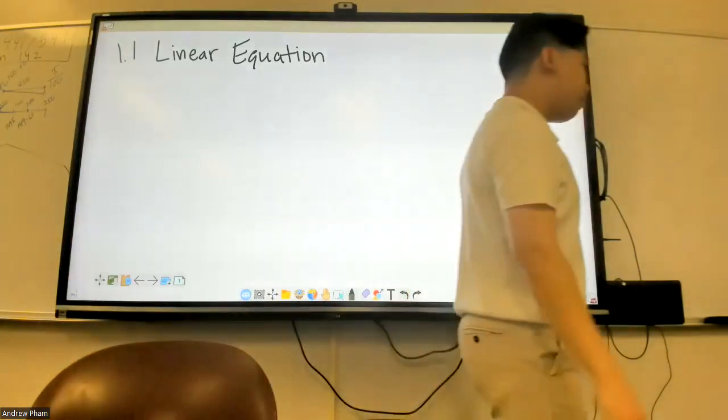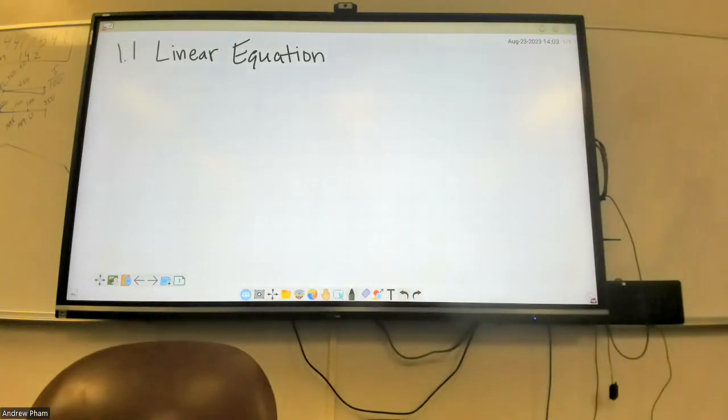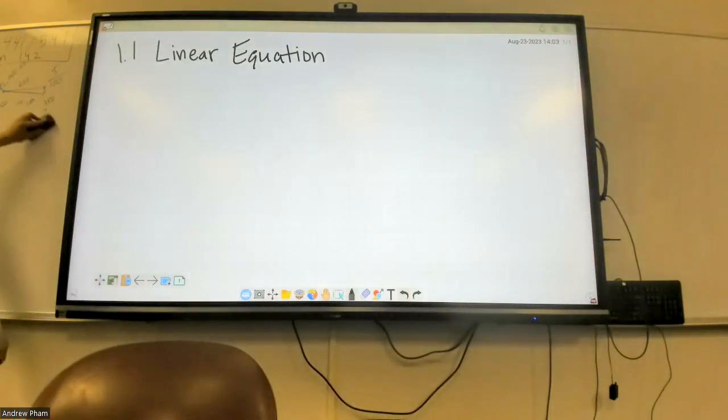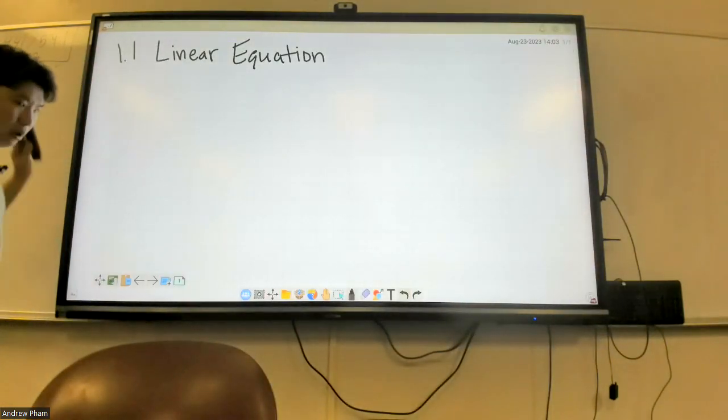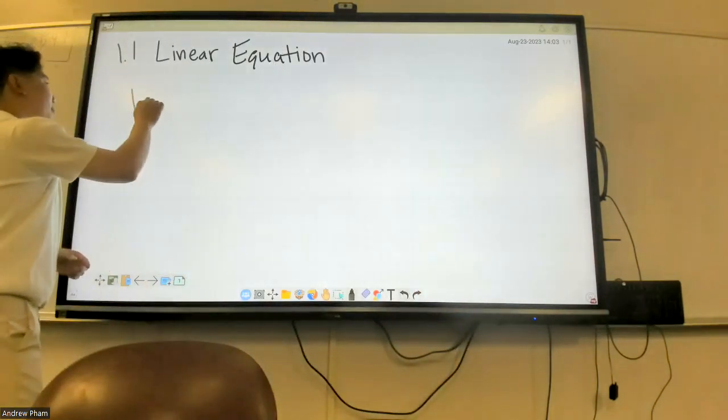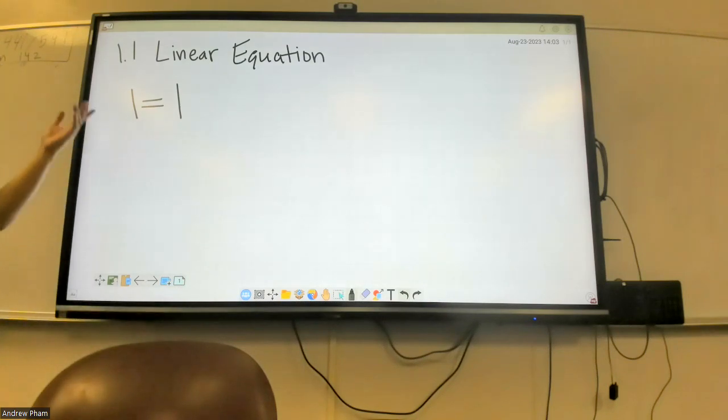So some examples of really easy equations that y'all would probably agree are equations. If I give you the equation 1 is equal to 1, is that an equation? Yes or no? Yeah, it's an equation, and it's true. I hope we agree that 1 is equal to 1.